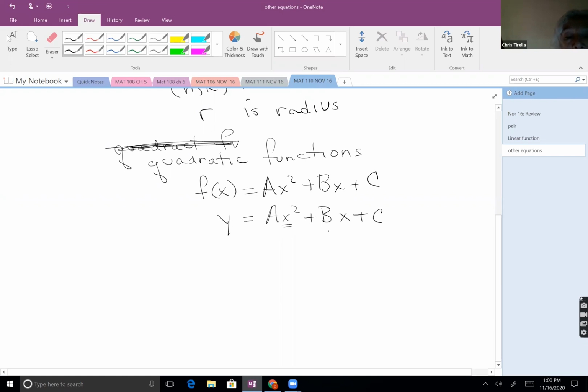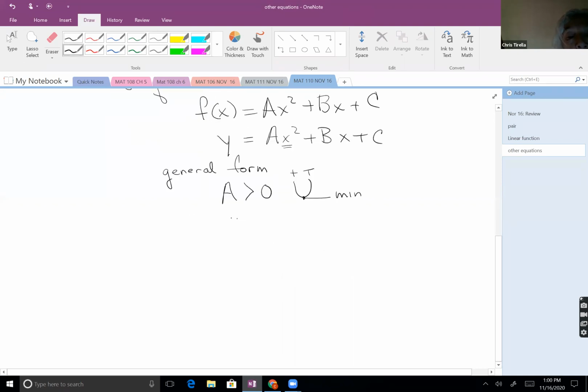We had said that if it was in this general form, if a is positive, we know it opens upward and our turning point is a minimum. We had said that if a is negative, it opens downward and our turning point is a maximum.